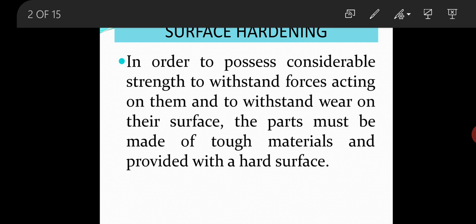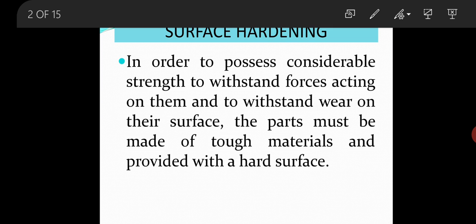Variation in these processes forms different microstructures, and depending on the requirement, different types of heat treatment processes are chosen. So, surface hardening is another type of heat treatment process.